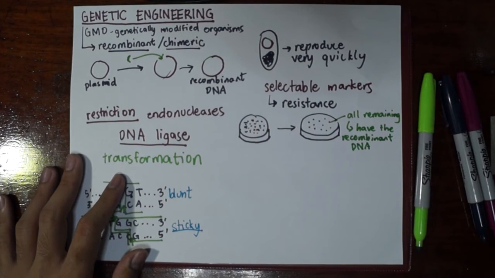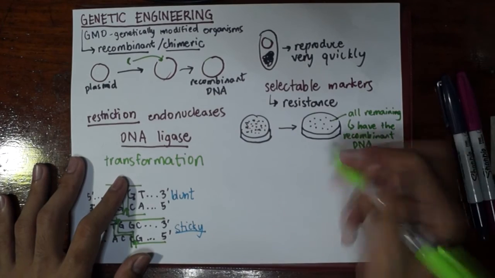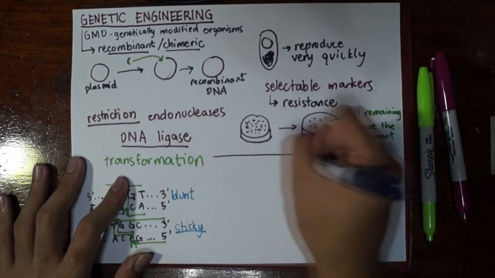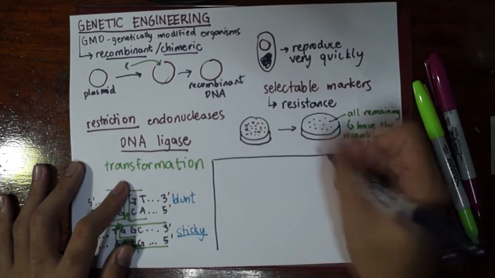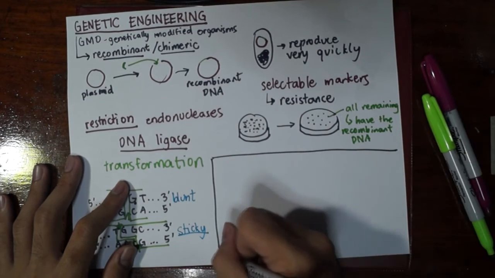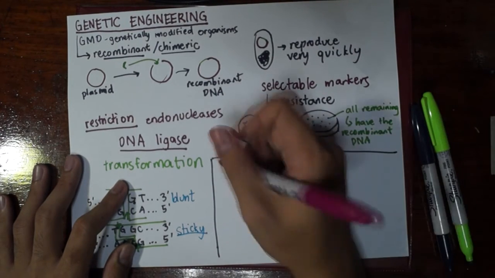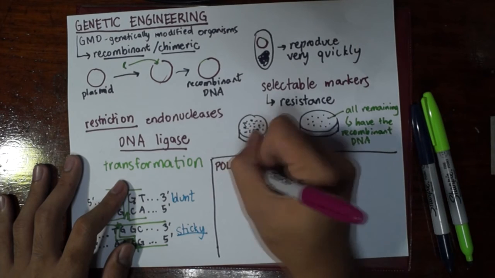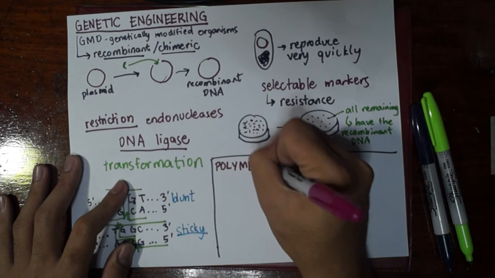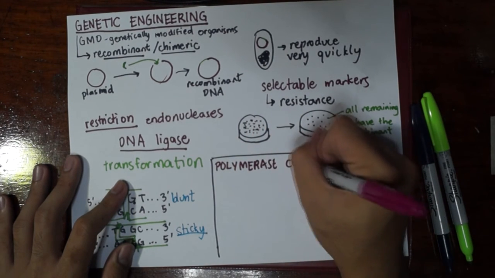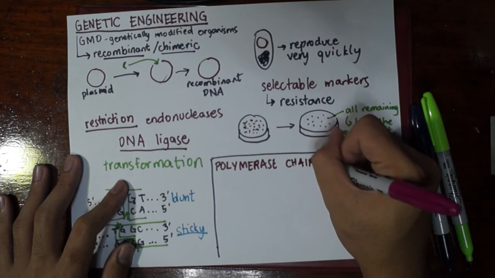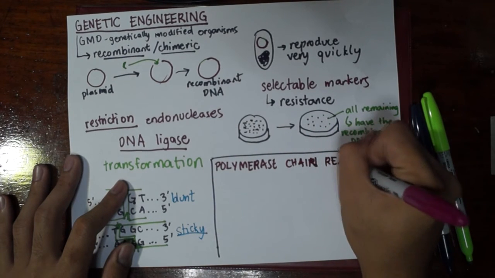Alright, so that's it. Now, another thing that you have to know is that there is actually a method wherein you can quickly produce a lot of the DNA for purposes of study or for purposes of production. The name of that method is polymerase chain reaction, or PCR.